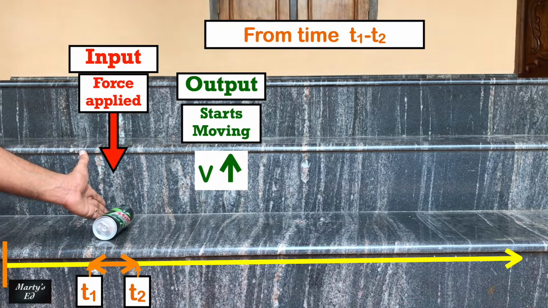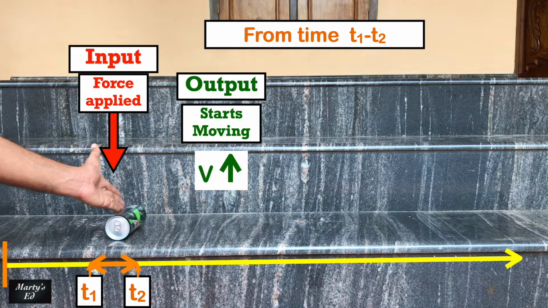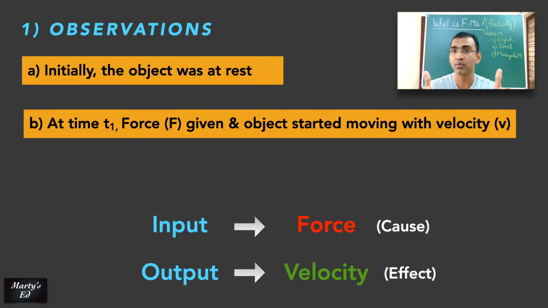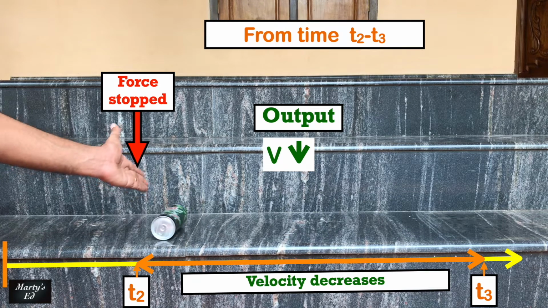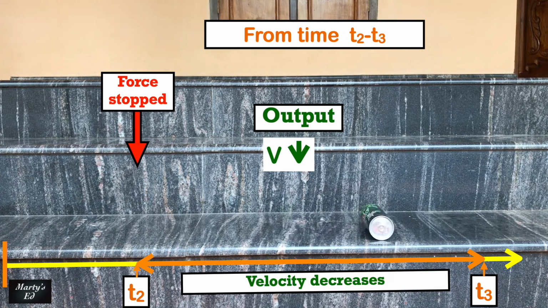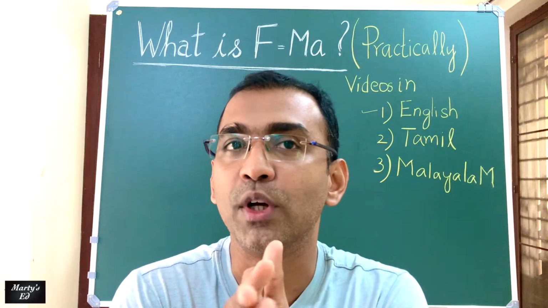Due to that force, the can started moving, right? So the effect is movement, which can be represented as velocity. And when I took the force away at time t2, it slowly rolled and came to a halt. So we can say that the velocity kept on decreasing and came to zero. These are the things that we observed, right?